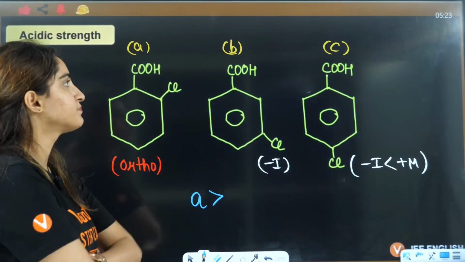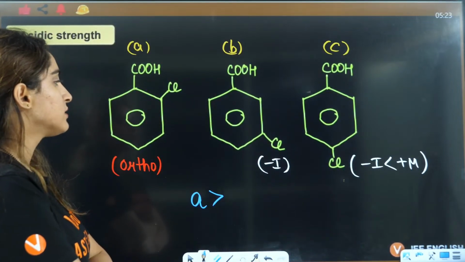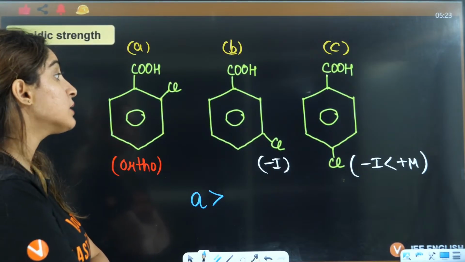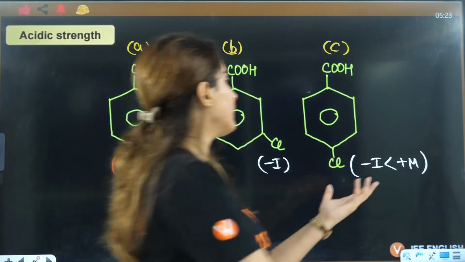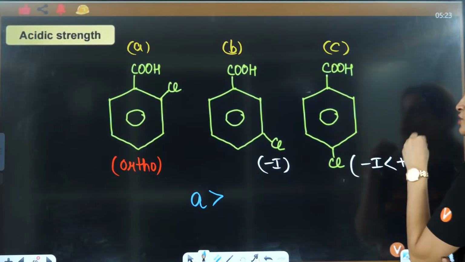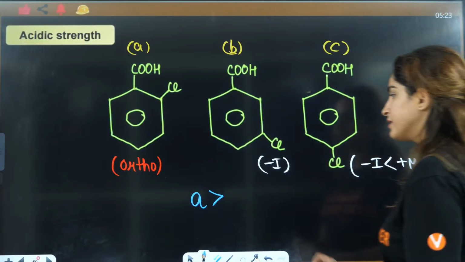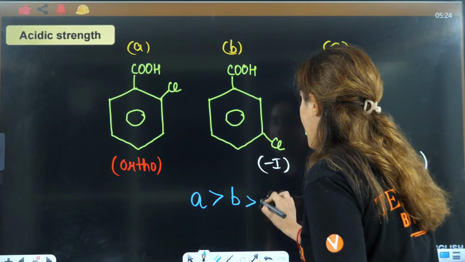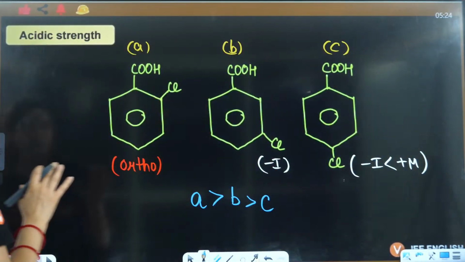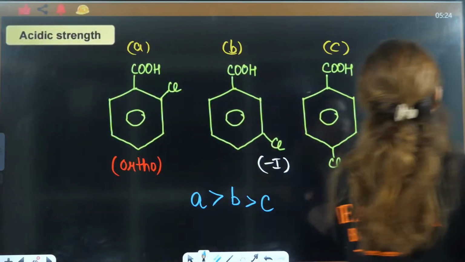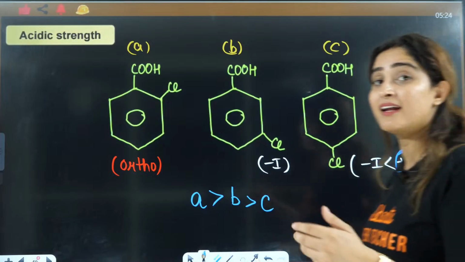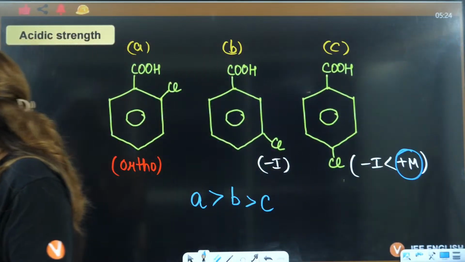Then when you see B and C, this is minus I, withdrawing nature here. Here plus M is more valid, so it is donating. So it is going to decrease the acidity here. So it will be simple A, B and C. The answer is A, B, C because donation here is more. Whenever electron donation is there with plus M, it decreases the acidic strength.